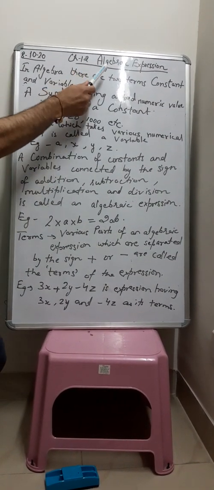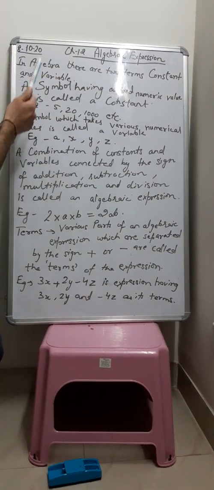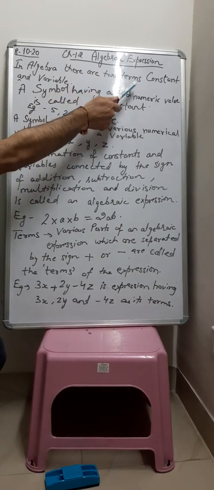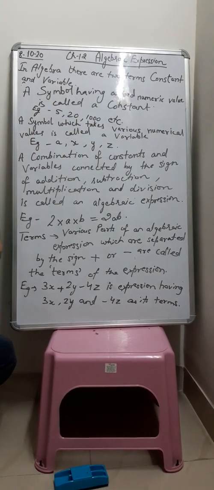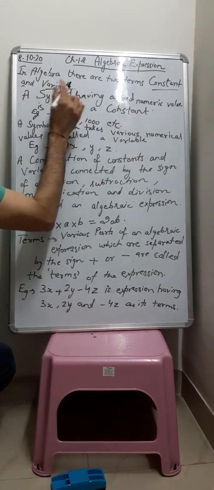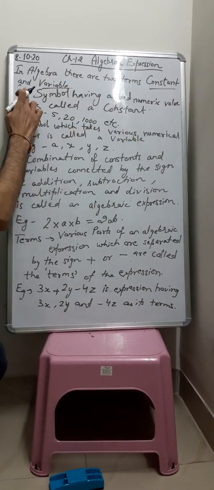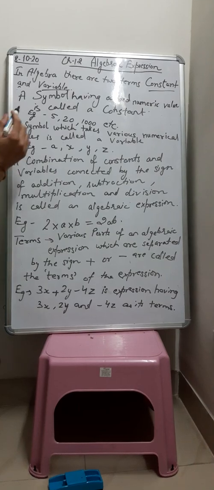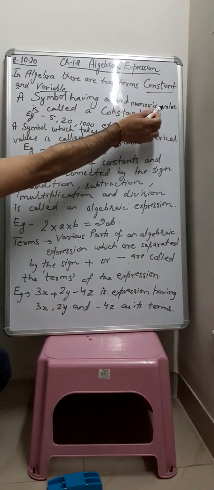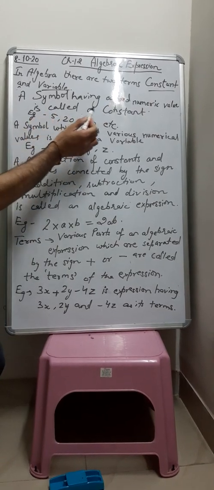So first, before starting algebraic expression, we have to understand that in algebra there are two terms, constant and variable. A symbol having a fixed numerical value is called a constant.